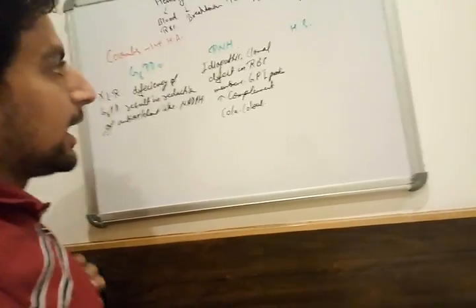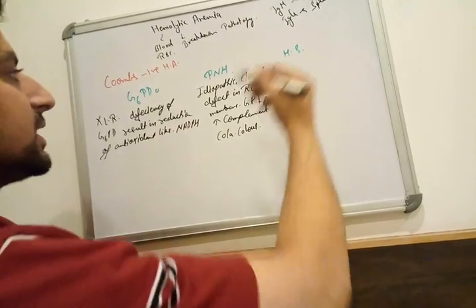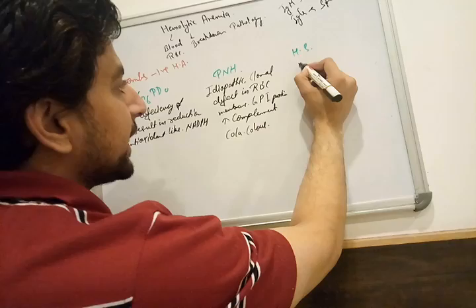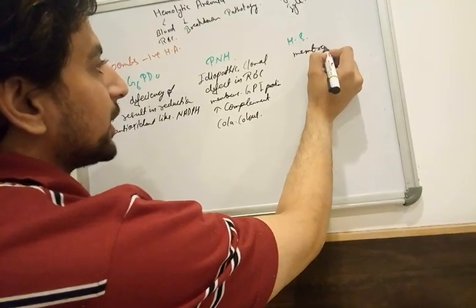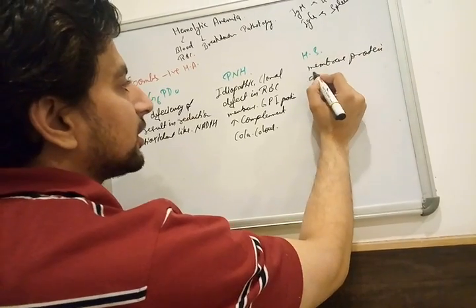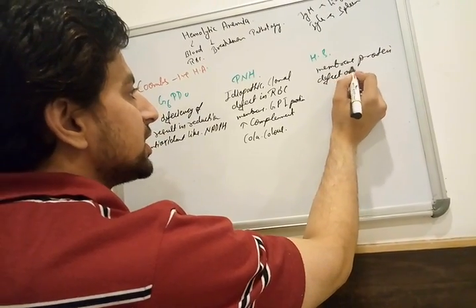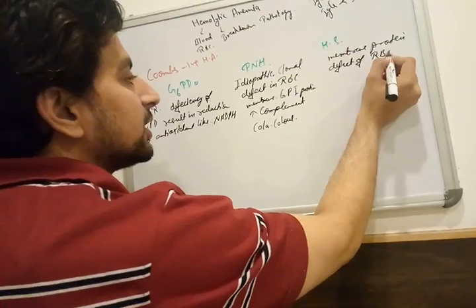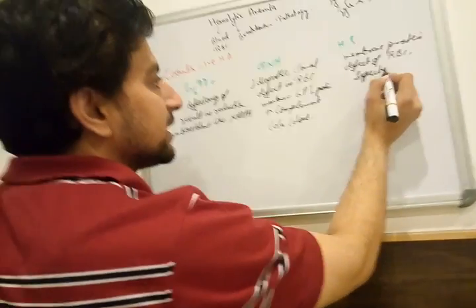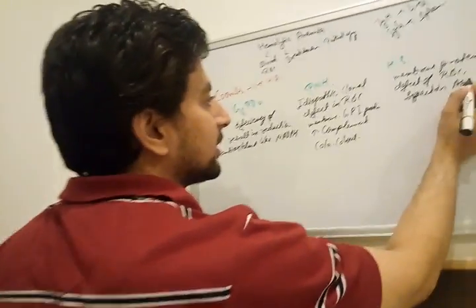And next, hereditary spherocytosis. What happens there? There is a membrane protein defect of RBCs. Spectrin is absent here.